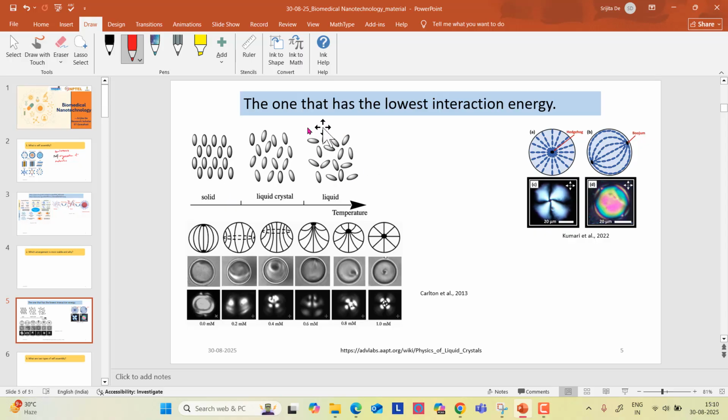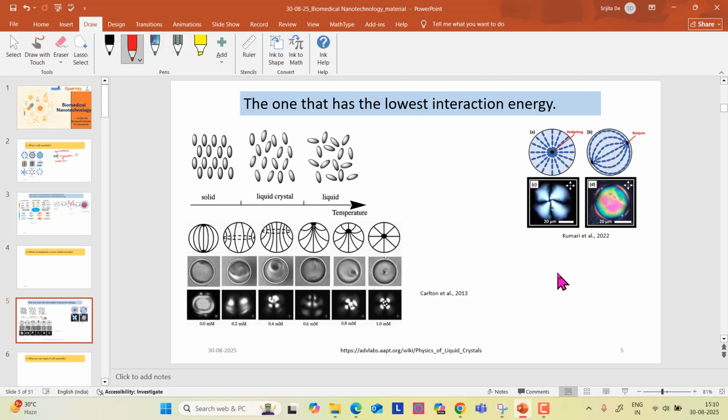But in case of liquid, there is no molecular orientation among the molecules. They are randomly oriented. But liquid crystal is in between them. They have some kind of orientational order, but they don't have positional order. So this is your liquid crystal.